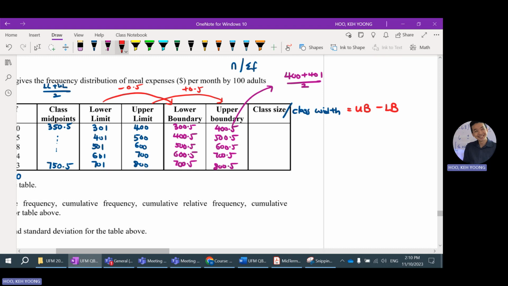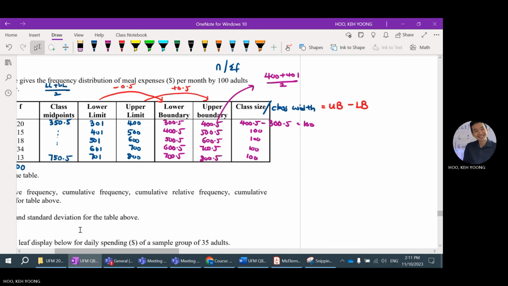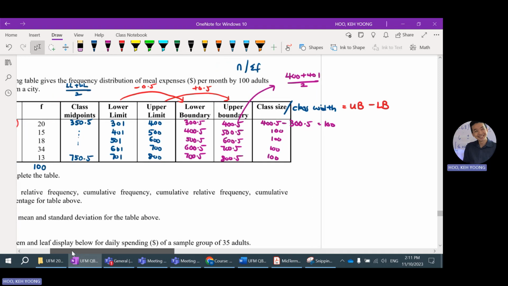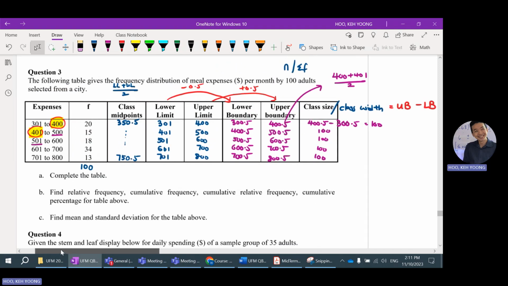So for the first class, I take 400.5 minus 300.5, so my first class size is 100. Class size is the same for all the class intervals. So if my first one is 100, the second one, the third one, all the classes should have a size of 100 as well.